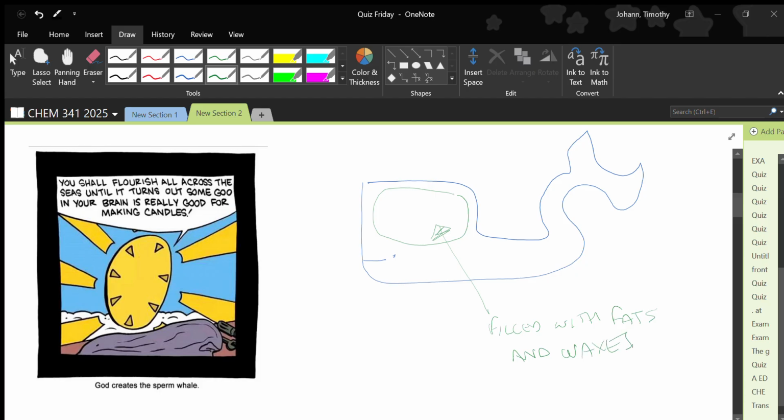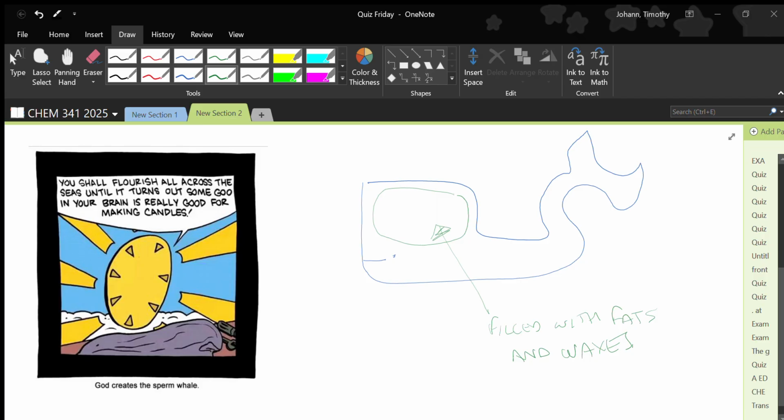So why do these whales evolve to have these heads filled with all these fats and waxes? Anybody have any ideas or anybody know? Is it insulation? It is not insulation. That's a good guess. That's a good use of fats and waxes. It's buoyancy. It is buoyancy, right?